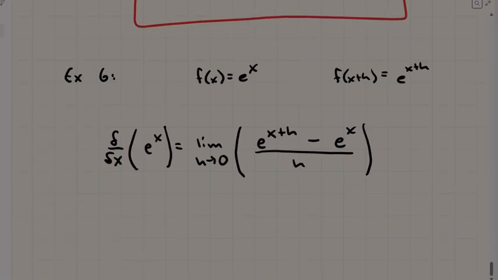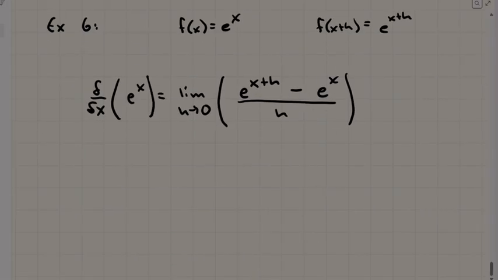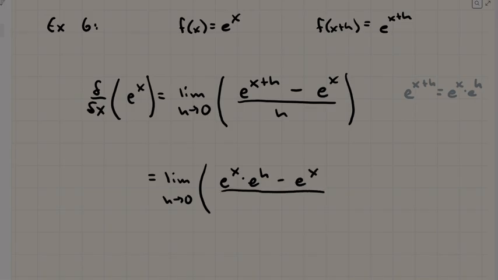Well, one thing that's important to remember is that if you have, say, e to the x plus h, that would be equivalent to e to the x times e to the h. And so this could be rewritten as e to the x times e to the h minus e to the x over h.